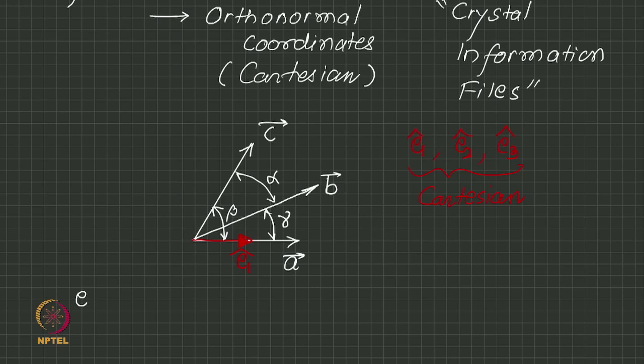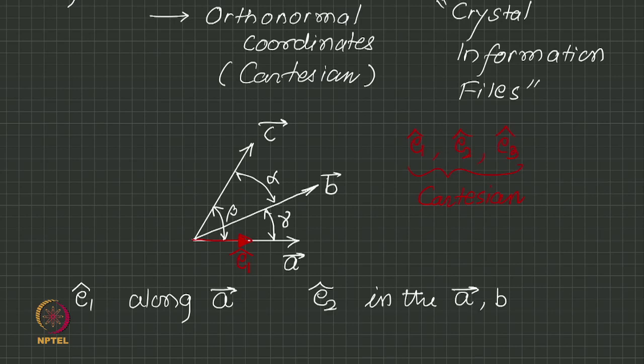So, we had E1 along A, and E2 in the AB plane.